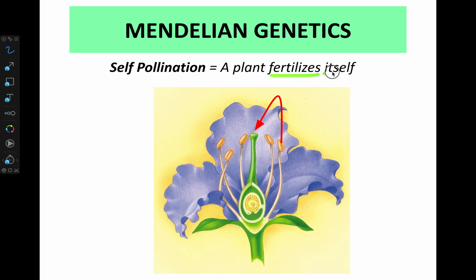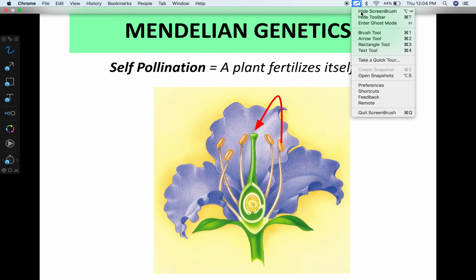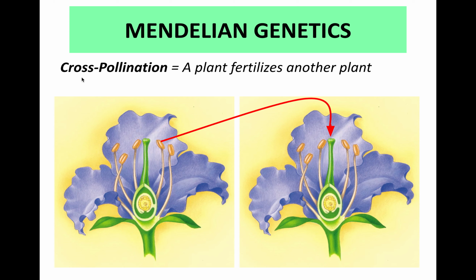So they're fertilizing themselves. Whereas the opposite, which is cross-pollination, you're seeing the male pollinate a different flower, right? So Mendel used cross-pollination. He wanted different male and female flowers.